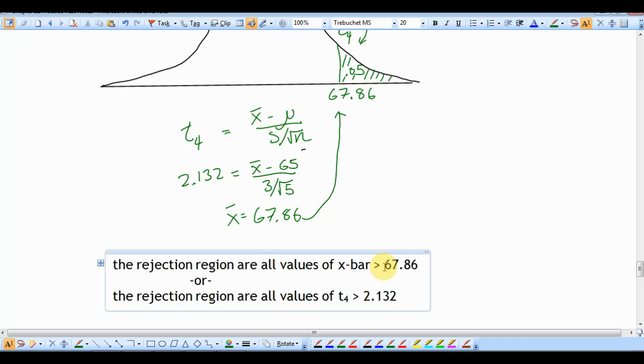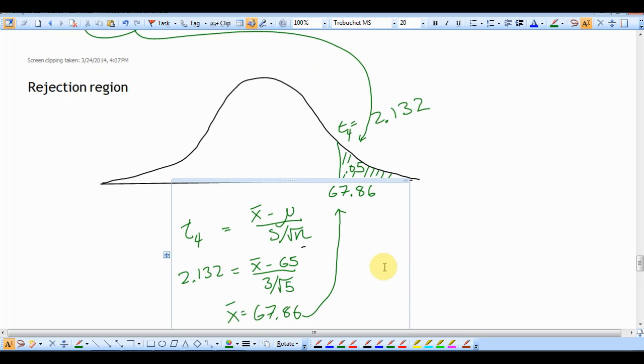But 65 isn't greater than that. Mu was 65. No, the sample mean is 68.25. Oh. If the alternative hypothesis was less than 65, then the rejection region is all values of x bar less than, yeah. Okay. Any questions on the rejection region?